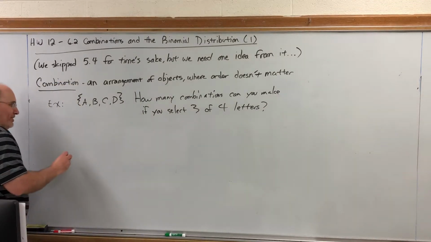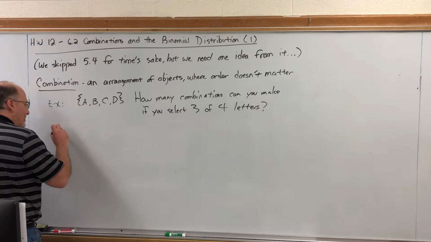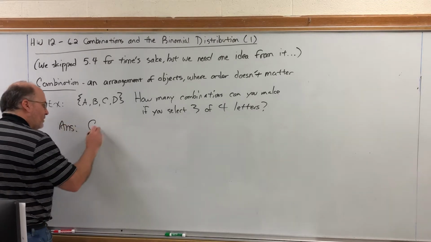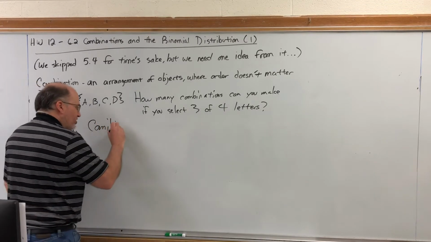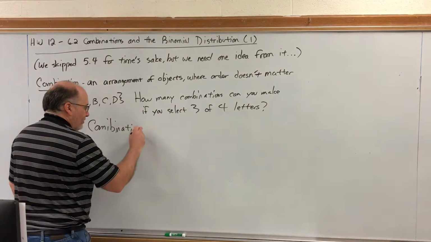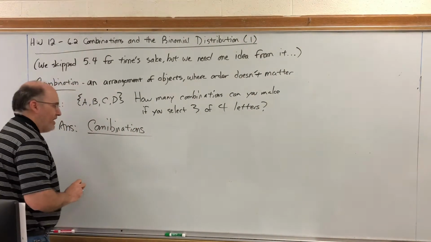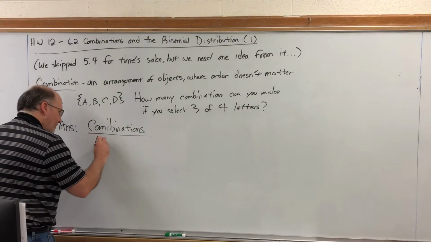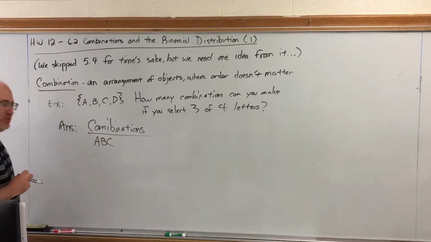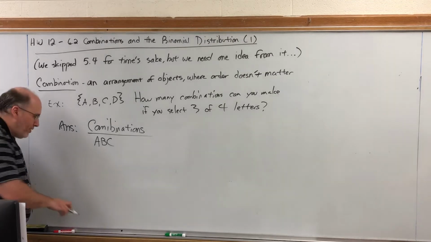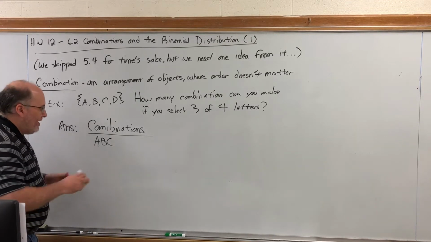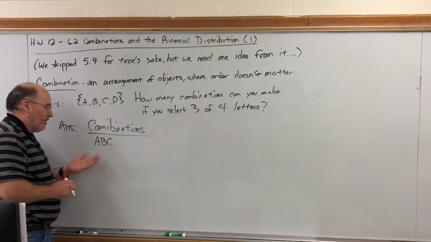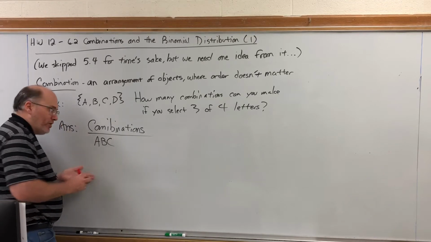So let's see if we can list the combinations, and then we can answer the question. A combination is just an arrangement of letters, but the order doesn't matter. So we could pick A, B, and C. That's one arrangement of 3 letters where the order doesn't matter. Now, what do I mean by order doesn't matter? Well, that means I can't pick those same 3 letters again, even if I rearrange them.